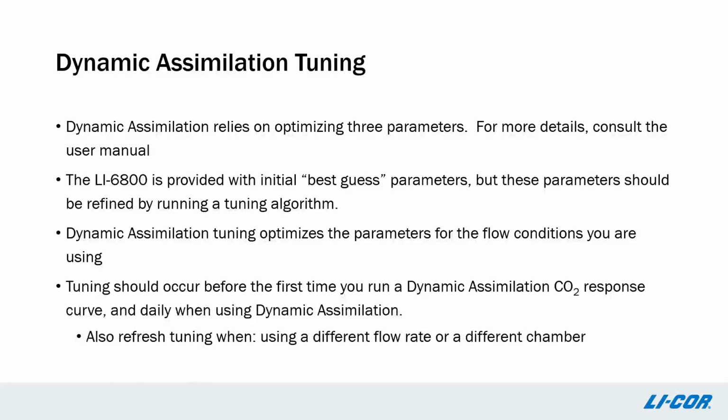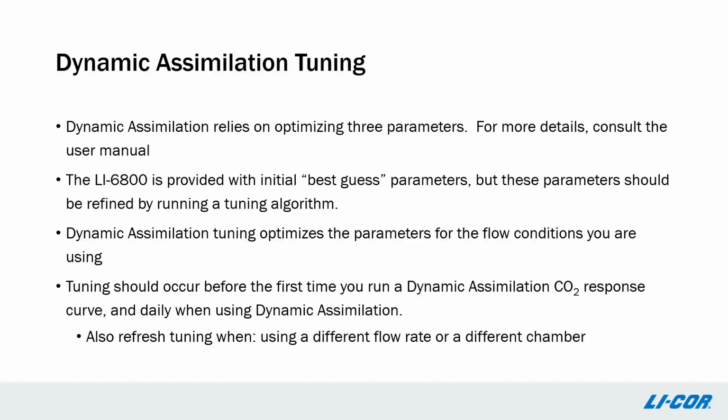Dynamic assimilation utilizes 3 mathematical parameters that improve the accuracy of the technique. More details about these parameters can be found in the LI-6800 user manual. Although the LI-6800 comes with some generic or best guess parameters, we recommend that users run the Dynamic Assimilation Tuning algorithm before they run their first CO2 response curve.